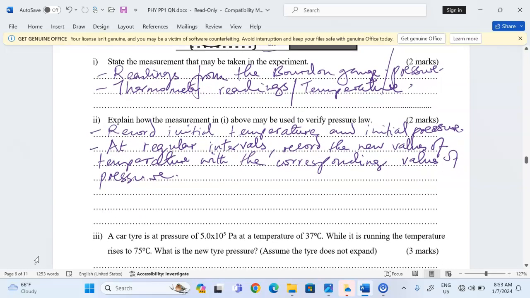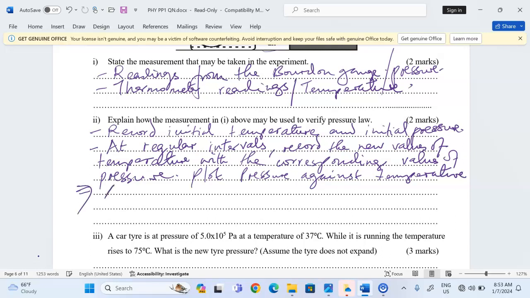Then after tabulating a few values, plot pressure against temperature.